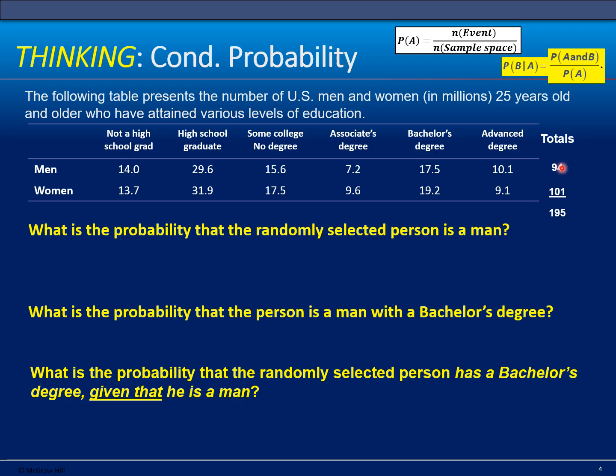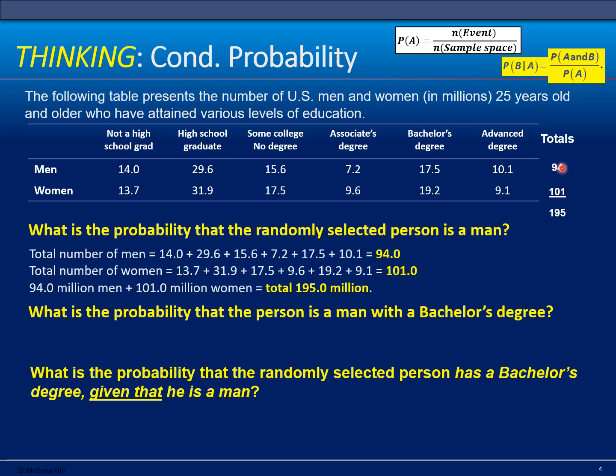So we have the ratio of 94 divided by 195. And so our probability is 0.4821. And that kind of makes sense. We can see that the number of men and the number of women, it's not quite equally split. It's almost equally split with fewer men. So we would expect that to be less than 50%.